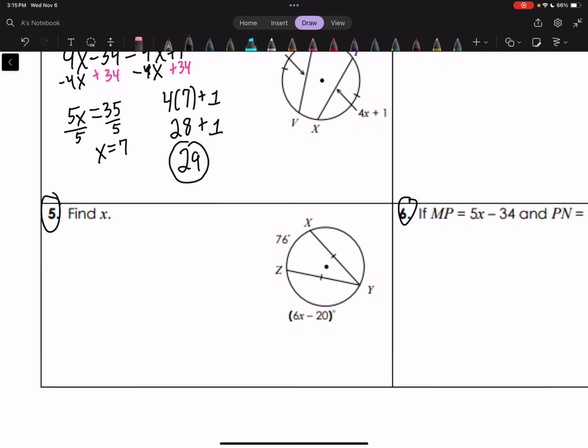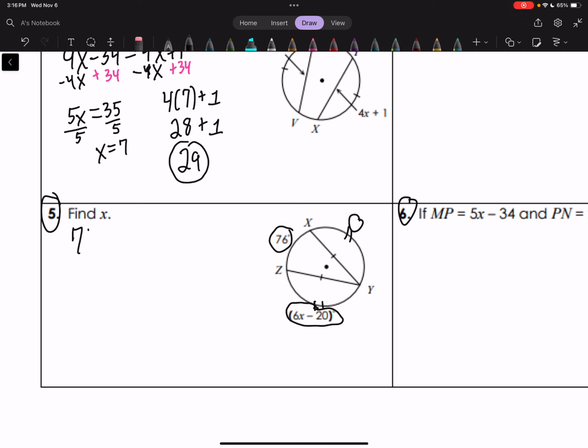Now I want you to notice that I have the entire circle in this problem. So if I add these up, I can set them equal to 360.